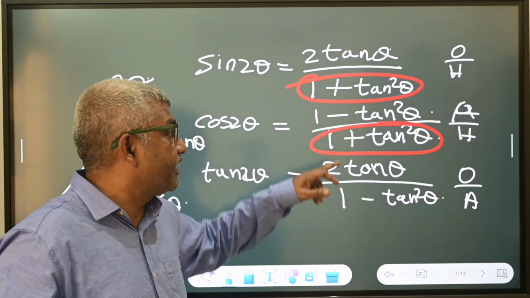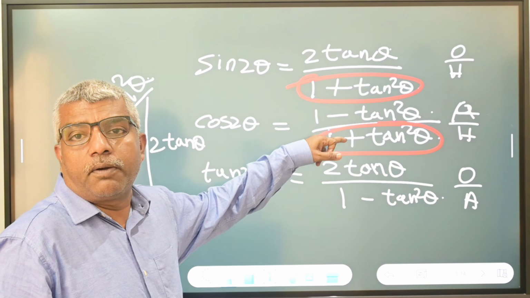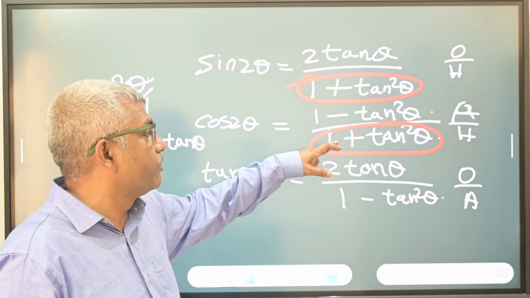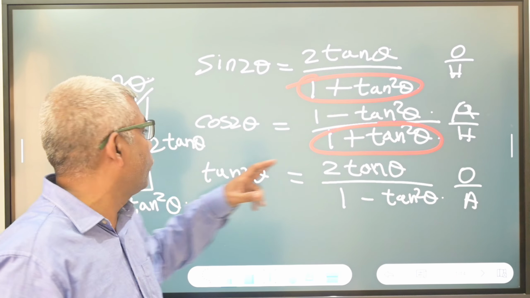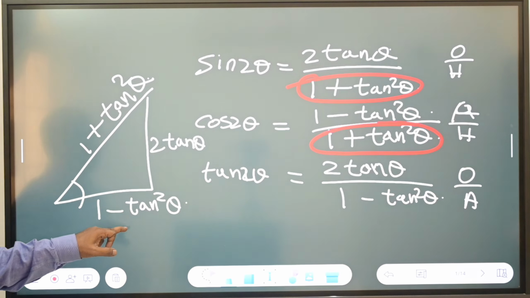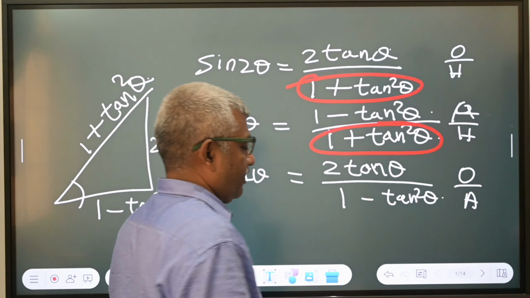Hypotenuse is always greater, so it is 1 plus. Sometimes if you get confused about 1 plus or 1 minus, hypotenuse is greater, 1 plus tan square theta, adjacent 1 minus tan square theta.